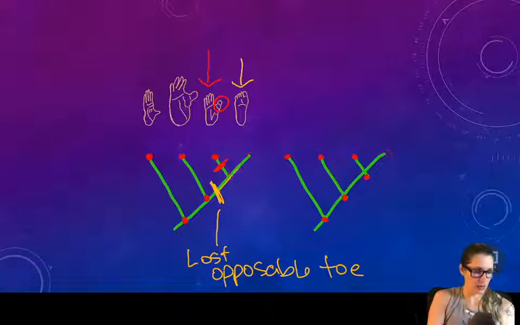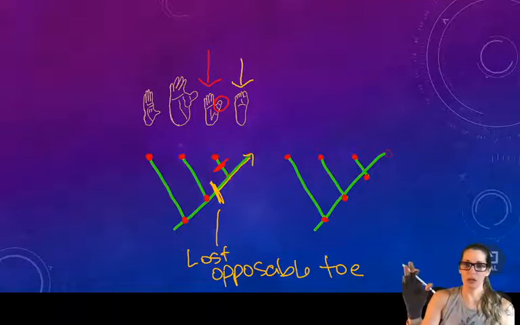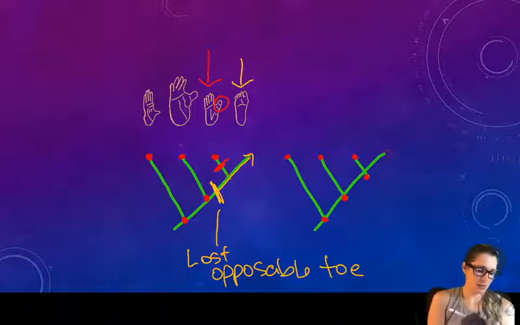And then this lineage leading to humans would retain the non-opposable toe. It makes more sense if that change happened out here, between the lineage of this ancestor and humans.